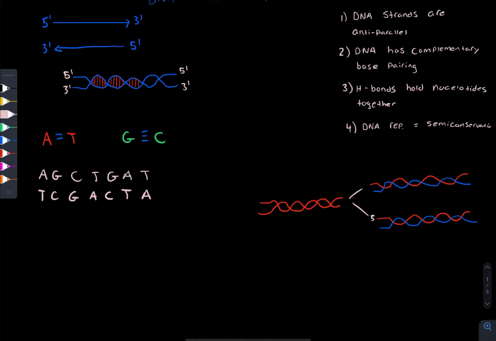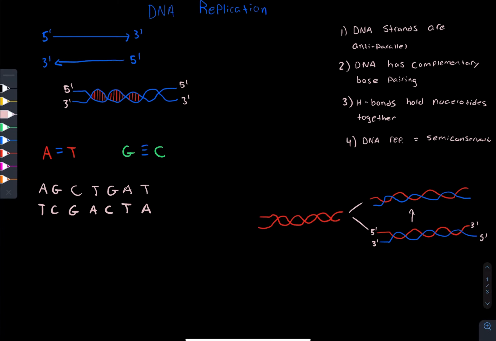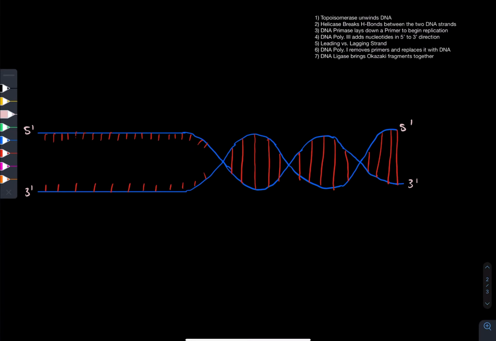So if this is our 5' end, this is going to be our 3' end, and this will be our 5' end over here, and this would be our 3' end over here. And same thing with this one up here. So now we can actually go and try our replication.